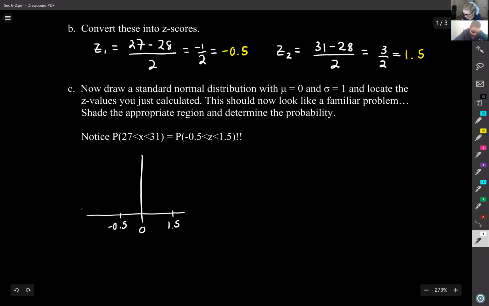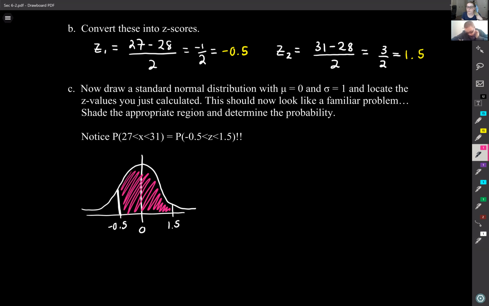And we are looking for the area sandwiched in between these two, so we're looking for the area from negative 0.5 to 1.5. So we shaded the region, and now we just need to determine the probability.